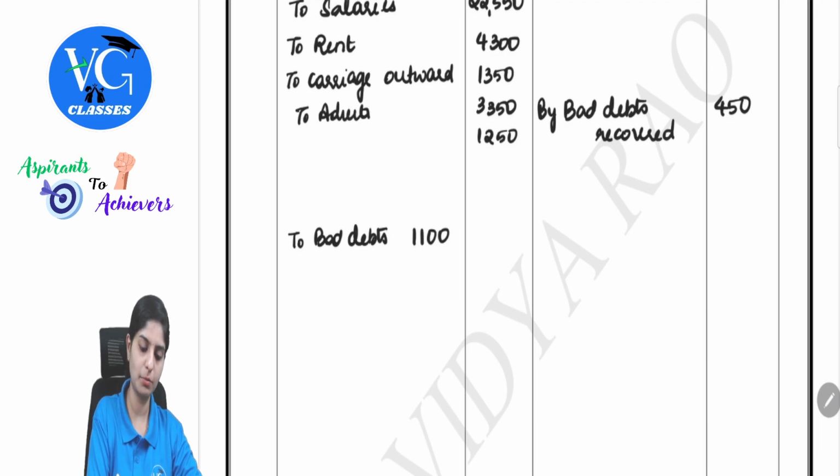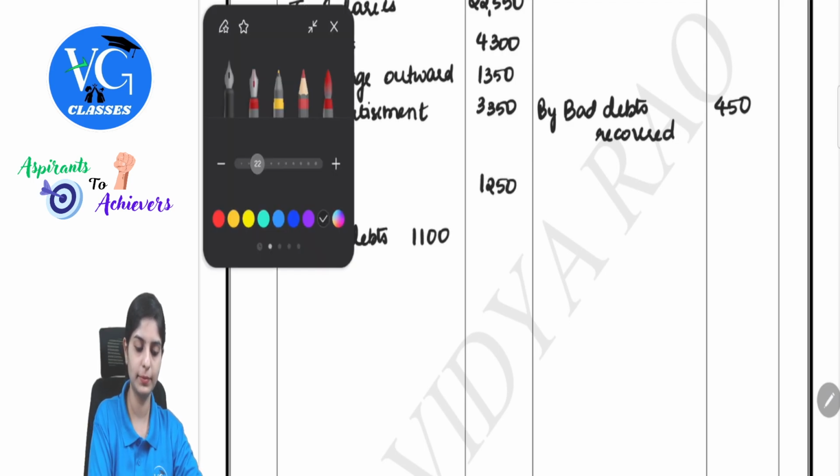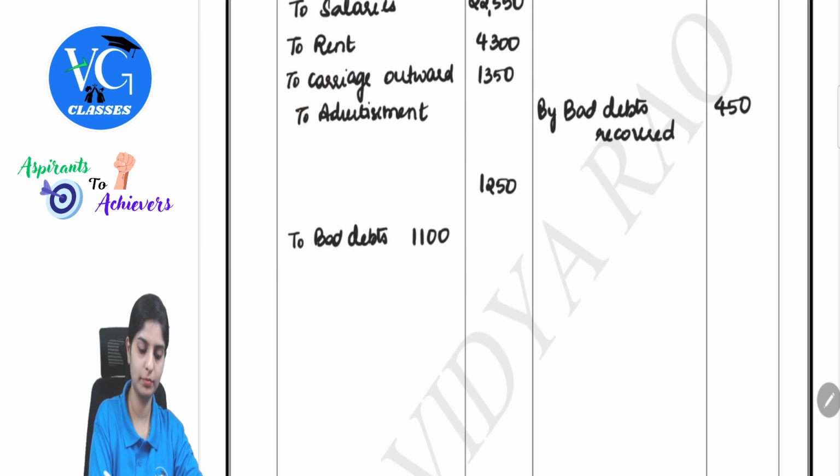To advertisement, there was an adjustment for this, so it is better we write it in the inner column. 3350. To printing and stationery.